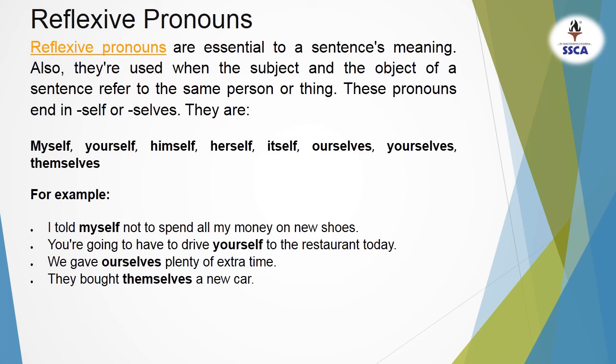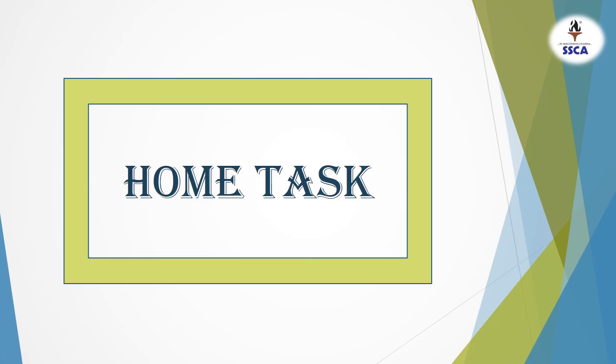Now, we have studied three types of pronouns. Let's move towards the home task of these three types. Well, to do your home task, first you will have to read your chapter pronouns from your book, page number 6, 7, and 8.